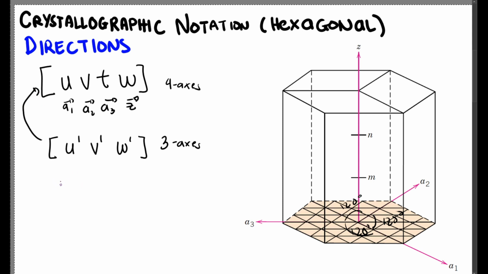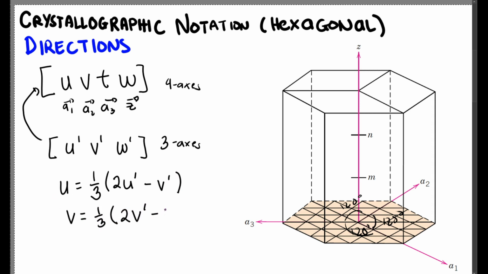Our new u is equal to 1/3 times 2u prime minus v prime. For v, we have 1/3 times 2v prime minus u prime. For t, this is equal to negative u plus v. So it's not u prime, v prime, but u plus v. And w is just equal to w prime.